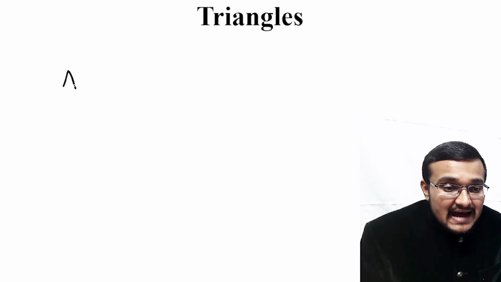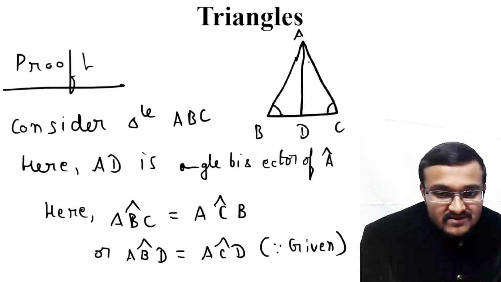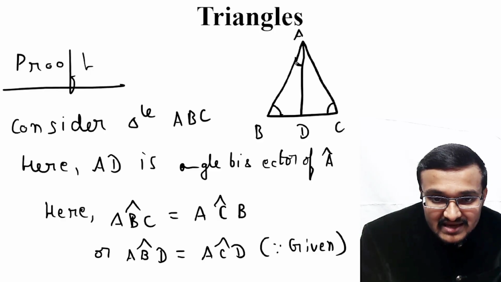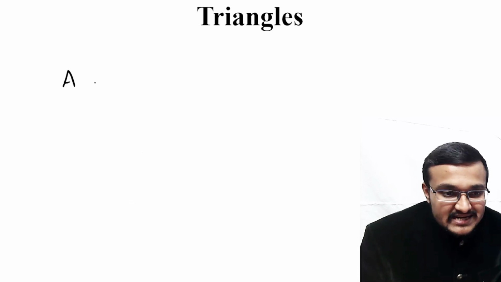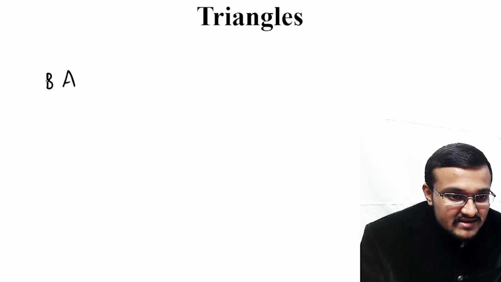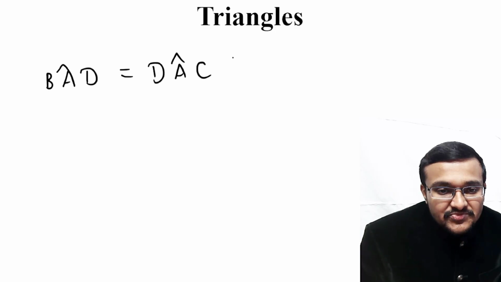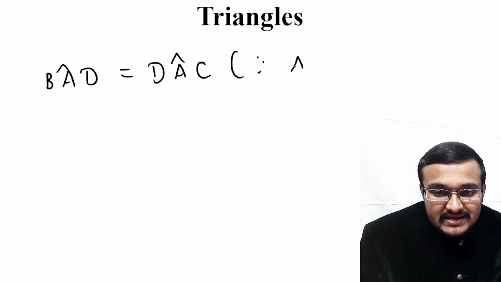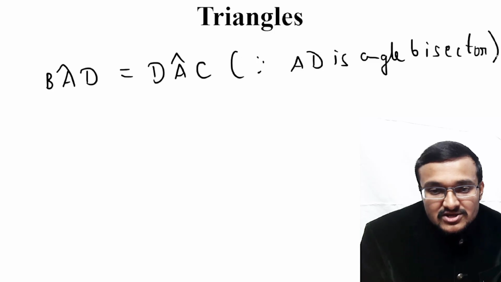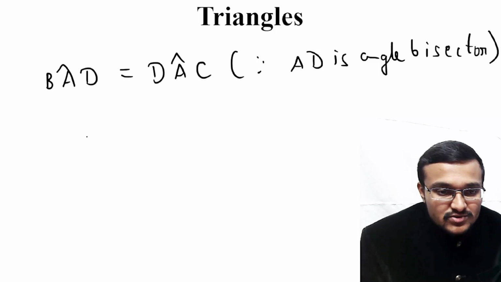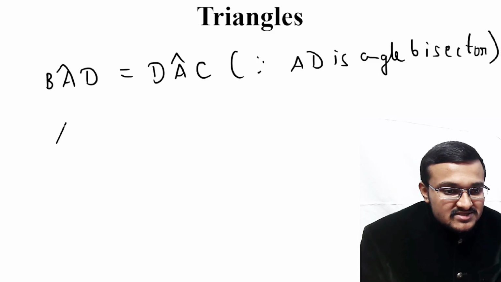Now, this particular angle BAD and DAC, these two will be equal because AD is the angle bisector of angle A. So that's why angle BAD will be equal to angle DAC, because AD is the angle bisector.